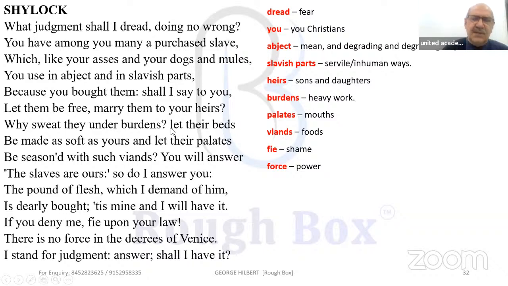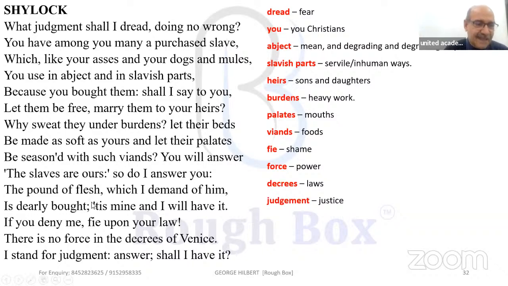Give them soft beds to sleep in, just like you. And let their palates be seasoned with such wines, and give them the good, tasty, nourishing food which you eat. You will answer. What will you say to me if I told you to do all these things?